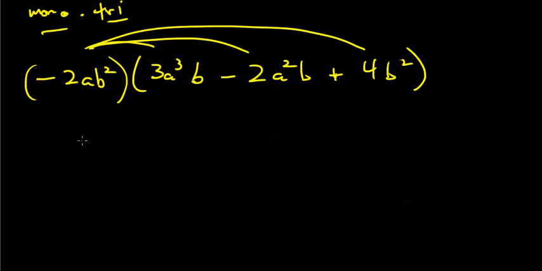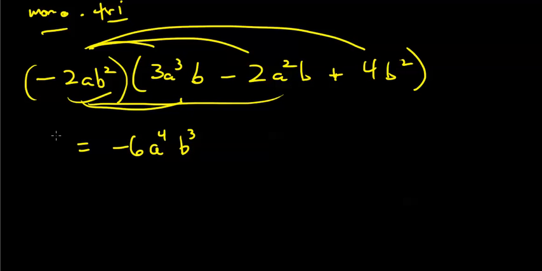Let me see if I can do this in my head. I'm going to multiply minus 2ab squared times 3a cubed b, so I'll get a minus 6a to the fourth times b cubed, multiplying this first product here. Alright, now I'll worry about the second product here.